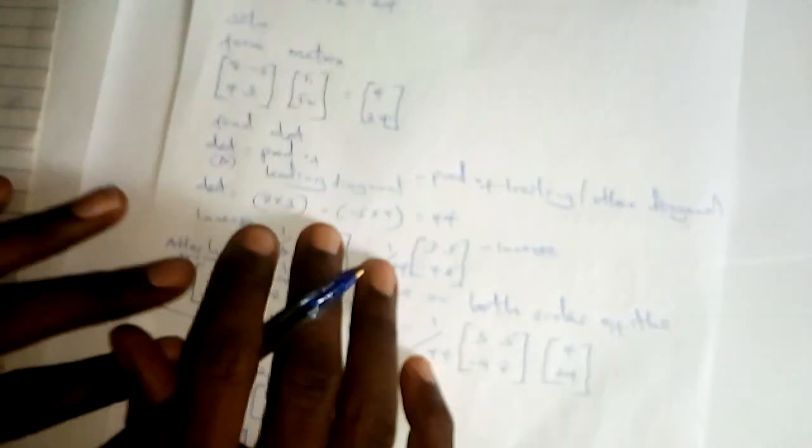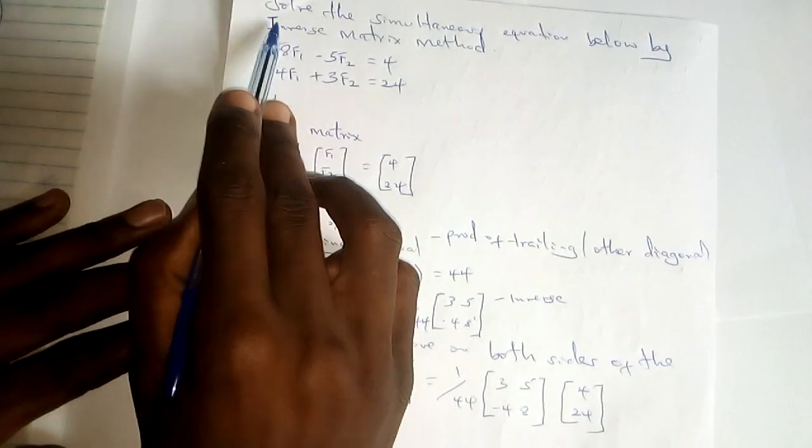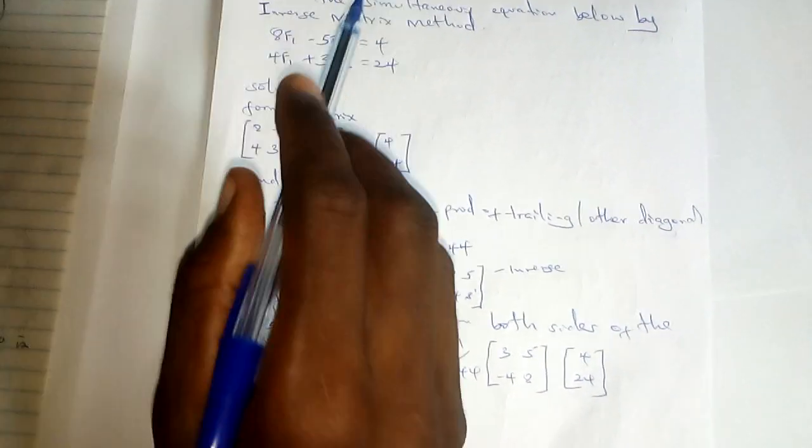Now for division, I think we'll move straight to a certain example under inverse for you to get the knowledge under multiplication. Now let us tackle this question of this kind.